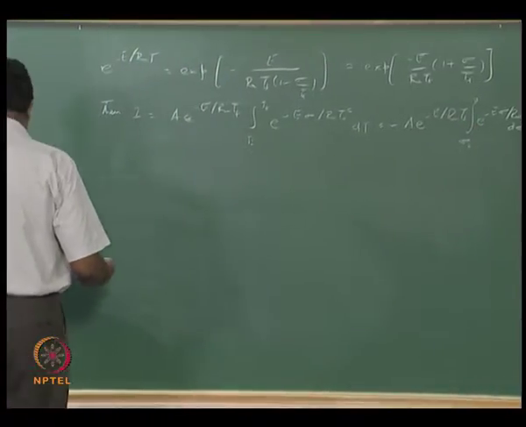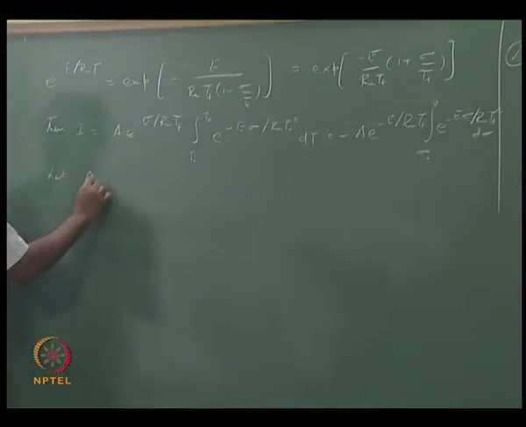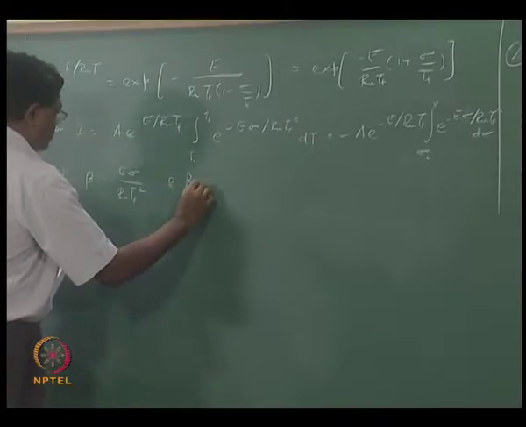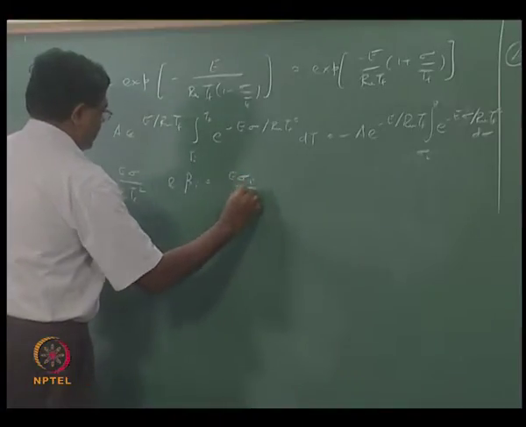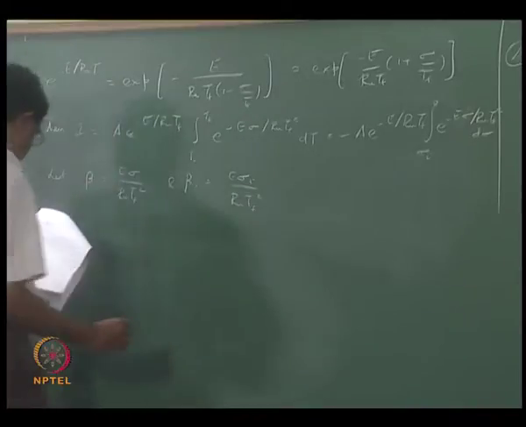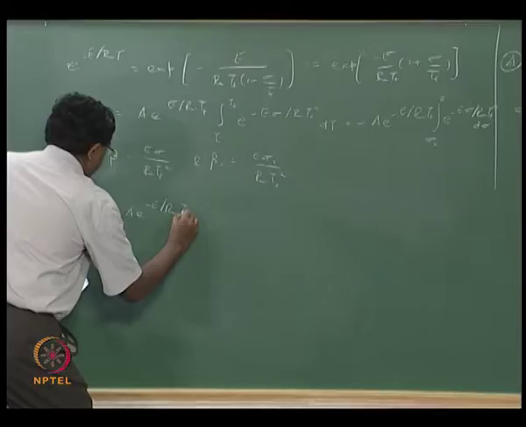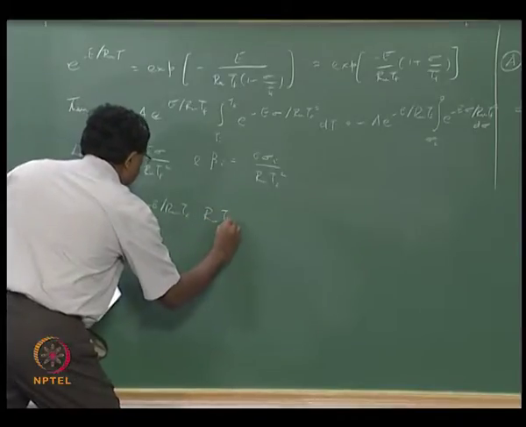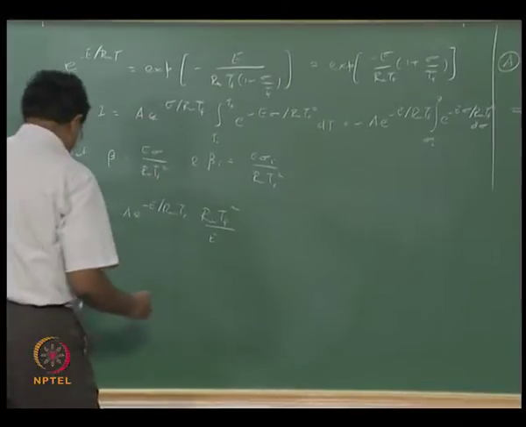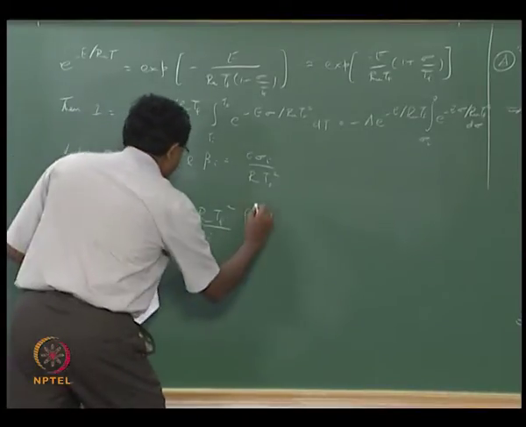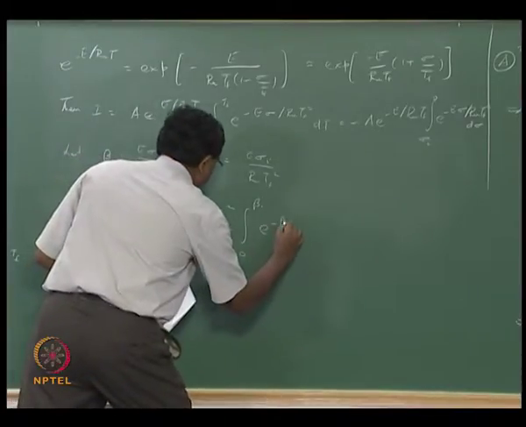So what you could do is let, not very cumbersome, it's possible to deal with this, but still if you want to now call this E sigma over RUTF squared as beta, and beta I is E sigma I divided by RUTF squared, then I is A e to the minus E over RUTF, squared divided by E, it's pulled out, and integral 0 to beta I e to the minus beta d beta.